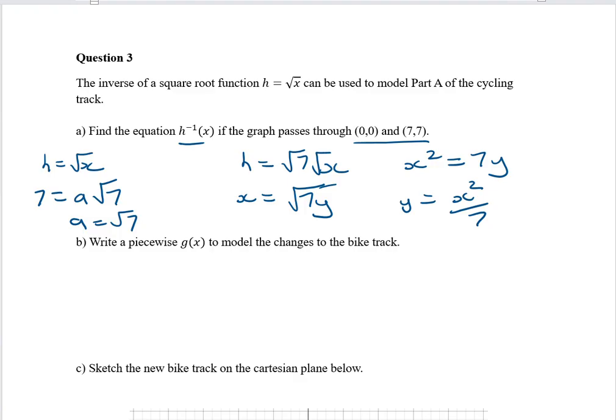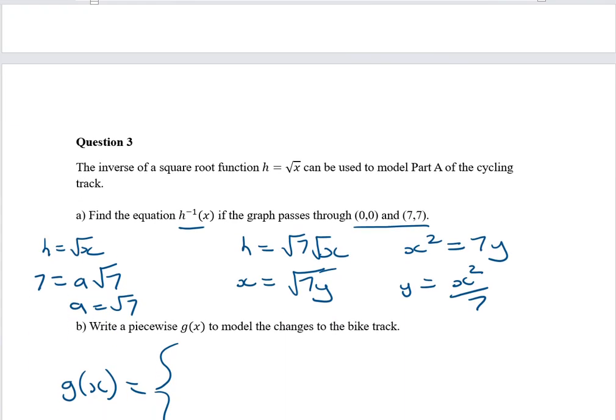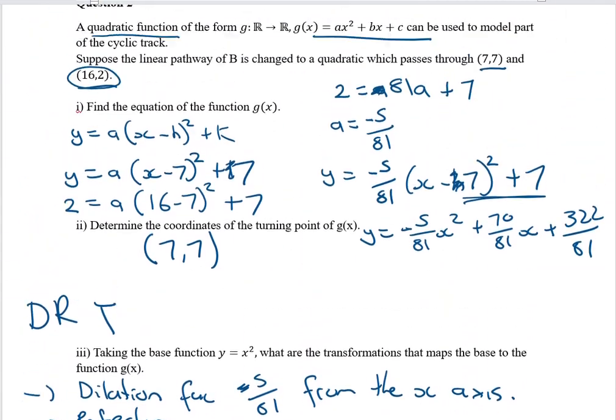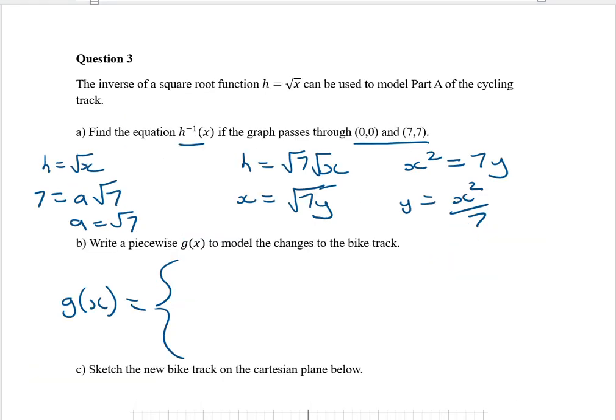From this point, I am then going to write it as a piecewise. So for my piecewise, we're wanting to look at the changes that we have created. So that means our first equation, let's go back up. So this is our B, and this is our A now.